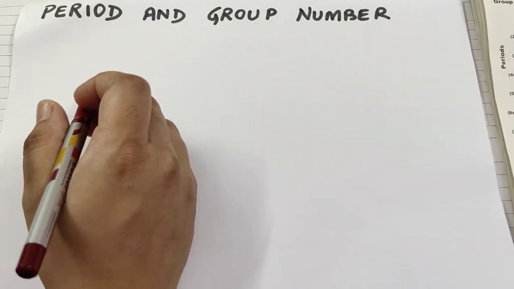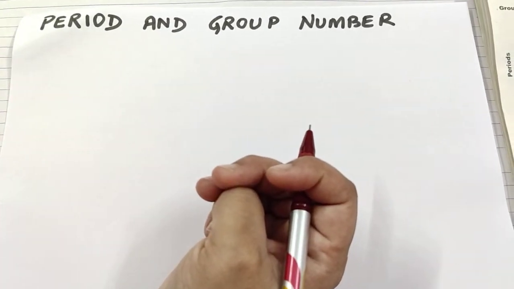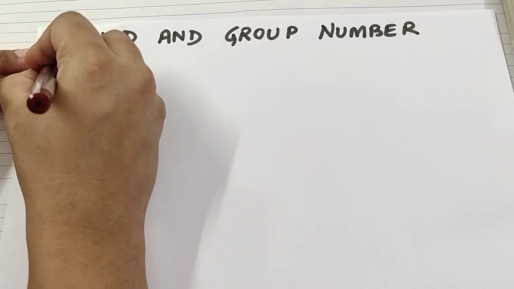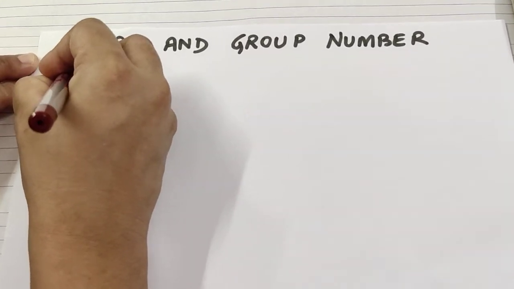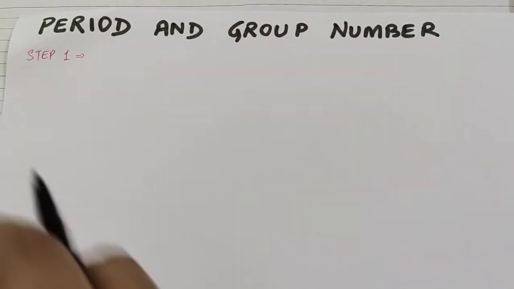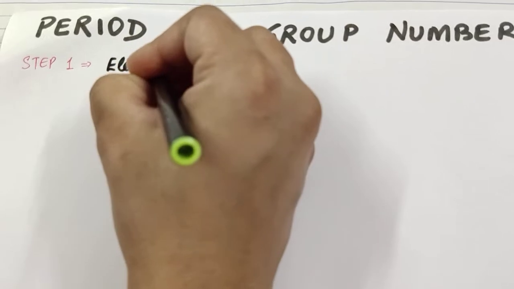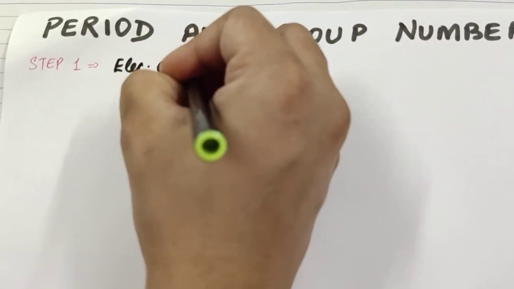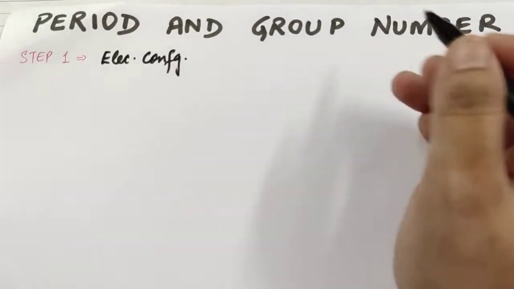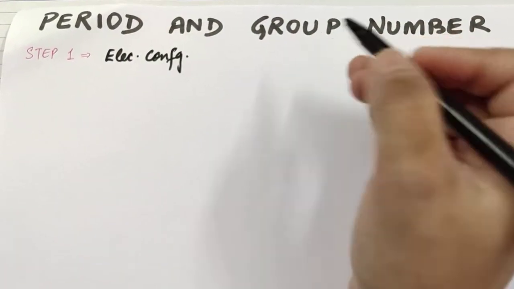Now it basically consists of 3 steps, and let us see stepwise how we can go. Step 1 is to write the electronic configuration of the element for which the period number and the group number has been asked.